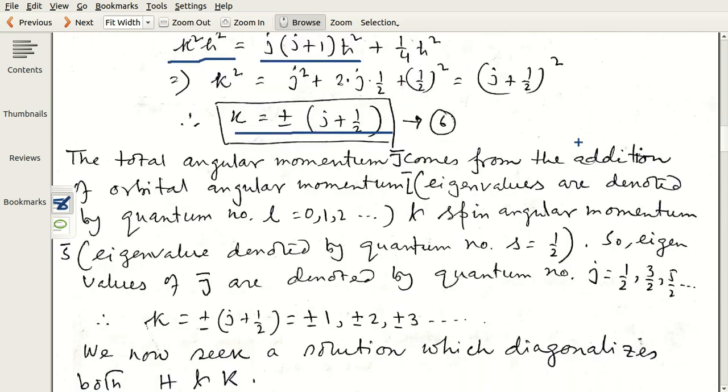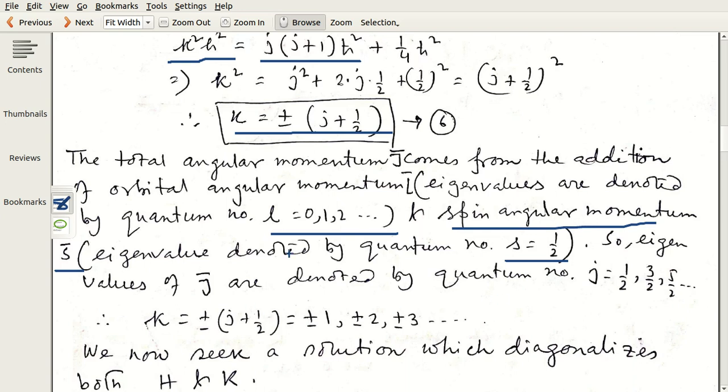Now what is j? J comes from the addition of orbital angular momentum L and spin angular momentum S. The orbital angular momentum L has quantum numbers 0, 1, 2, so that the eigenvalues are 0, h cut, 2 h cut, 3 h cut, integer multiples of h cut. And for the spin angular momentum S, the eigenvalues are half multiples of h cut.